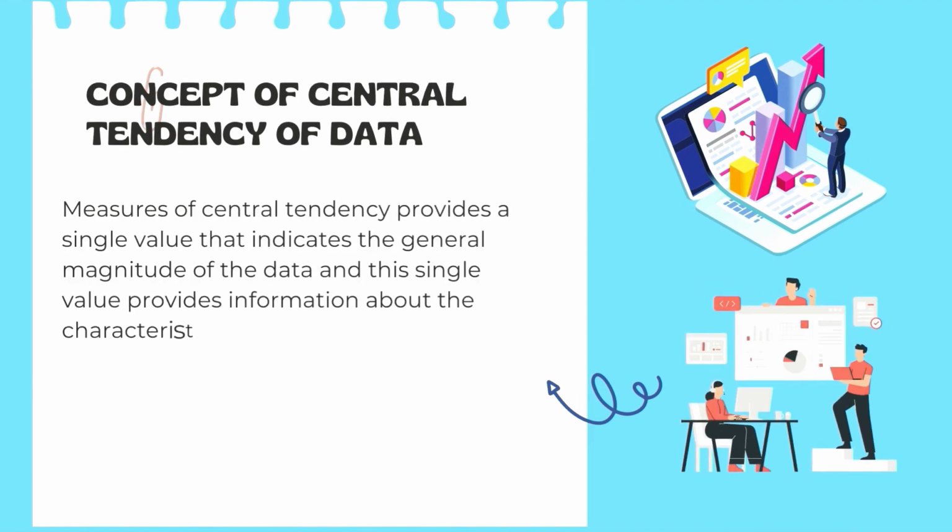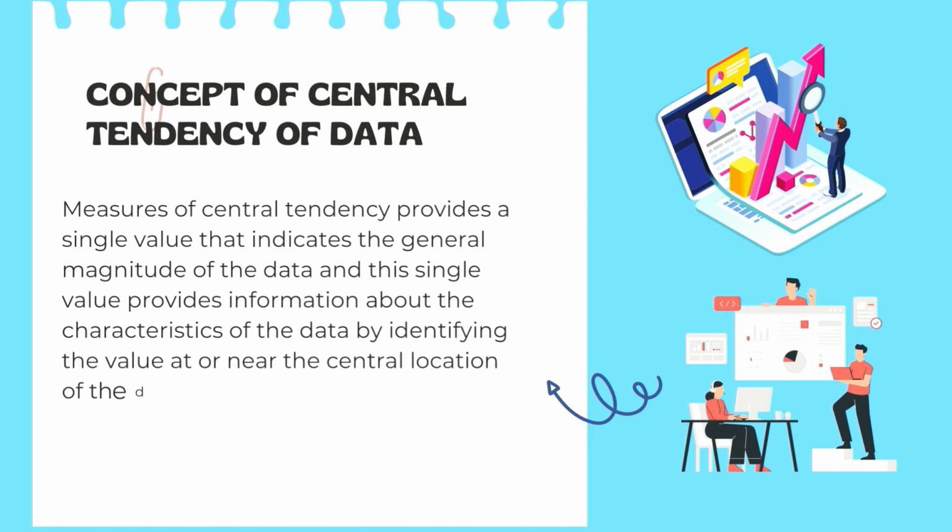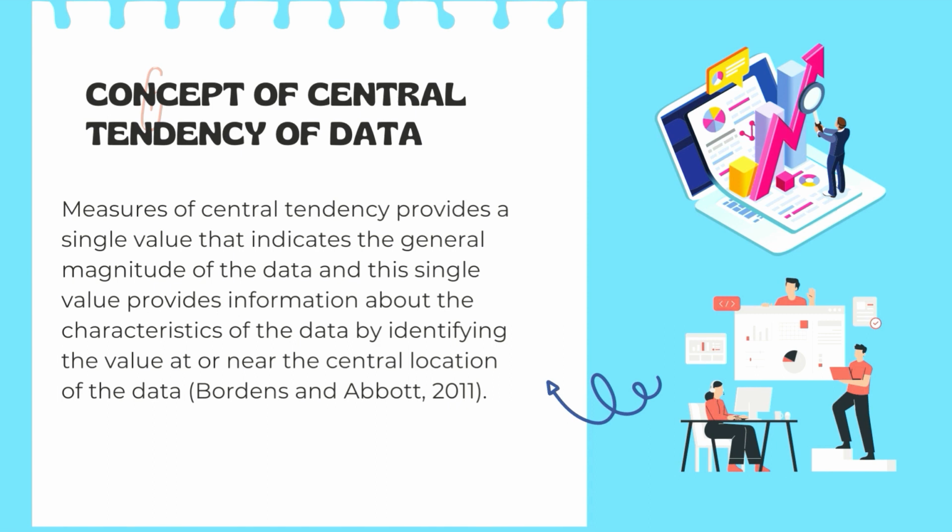A measure of central tendency provides a single value that indicates the general magnitude of the data, and this single value provides information about the characteristics of the data by identifying the value at or near the central location of the data.